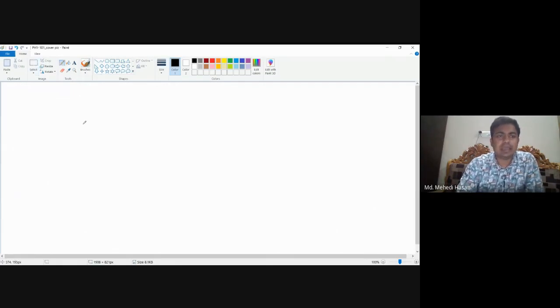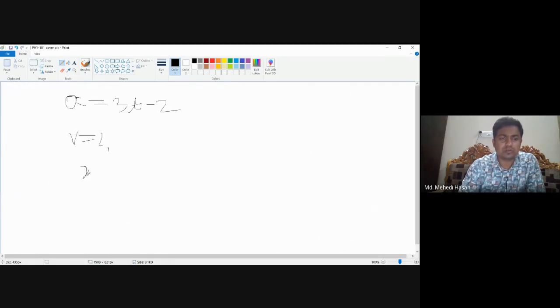Another thing is that if an equation is given like that, a equal to 3t minus 2, then from that equation, how can we find out the velocity and also position? Any idea? Do you have any idea about this?